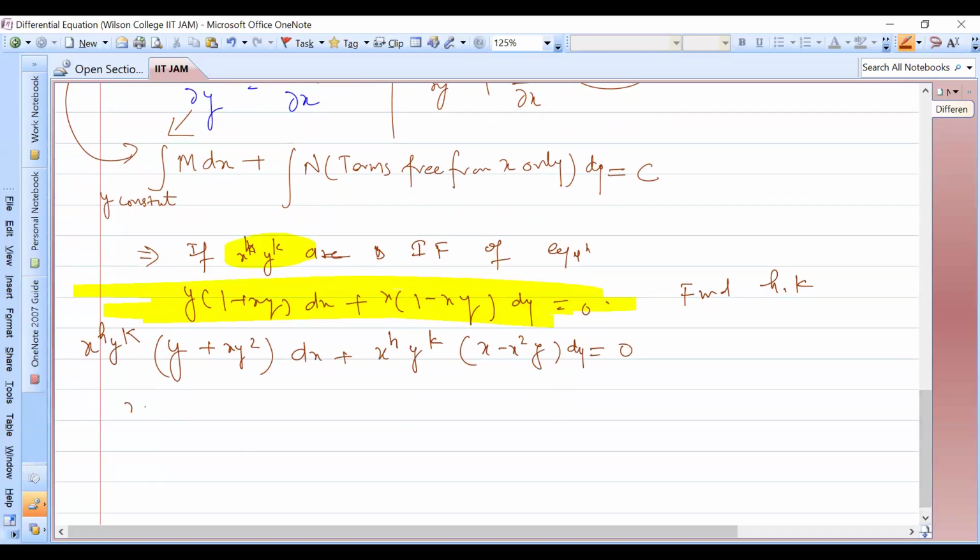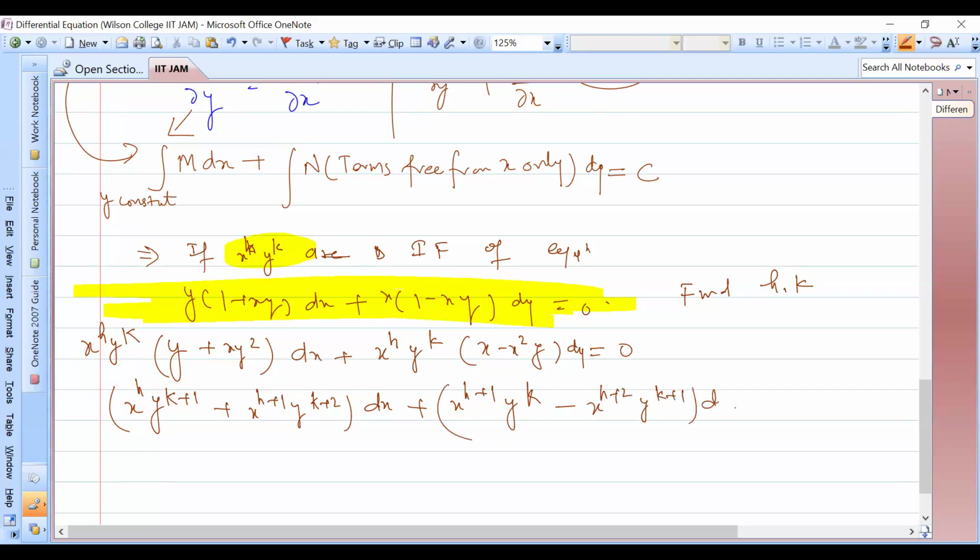So it can be written as x raised to h y raised to k plus 1 plus x raised to h plus 1 y raised to k plus 2 ... x raised to h plus 1 y raised to k minus x raised to h plus 2 y raised to k plus 1. So please find h and k.